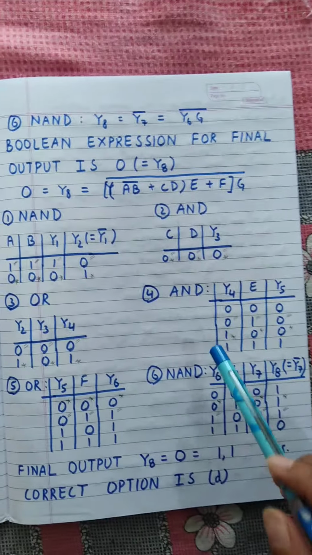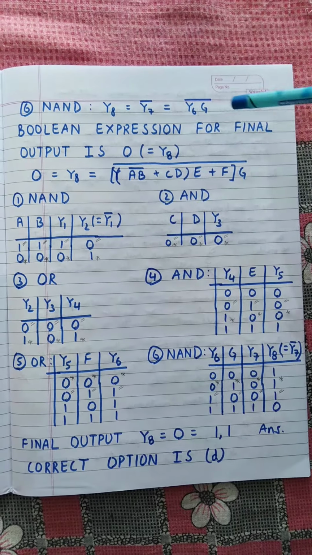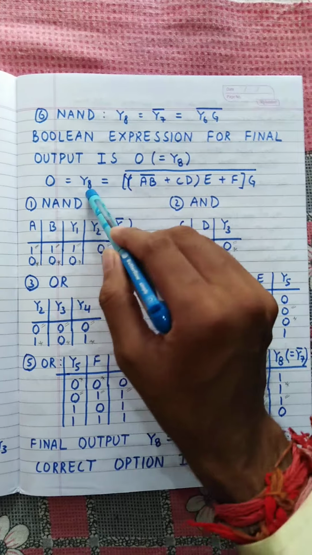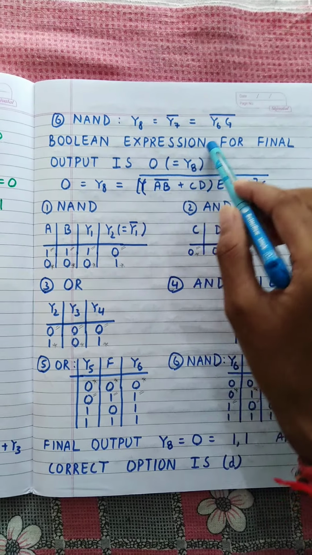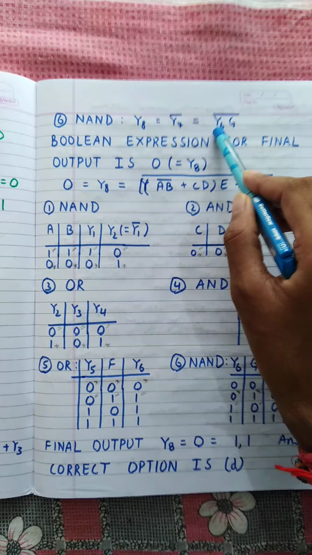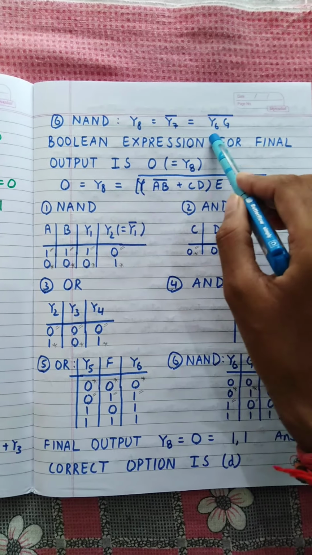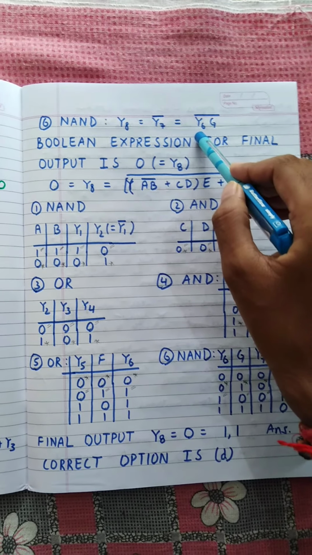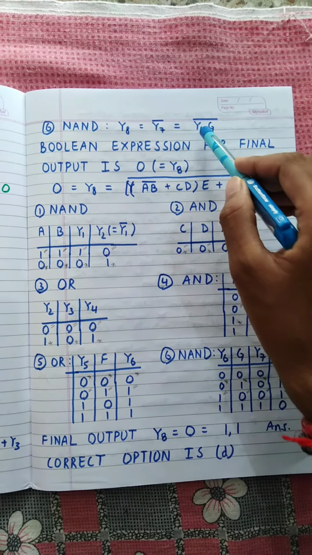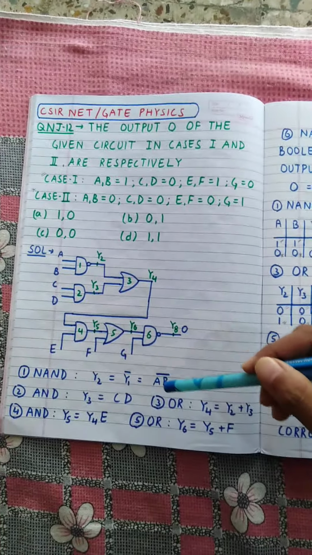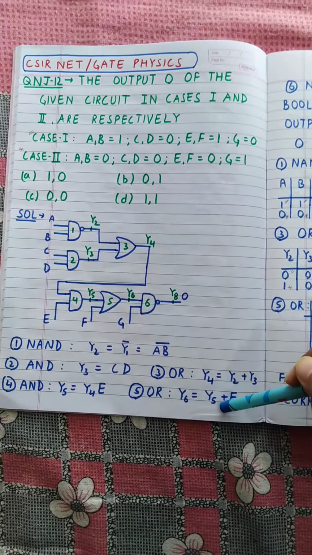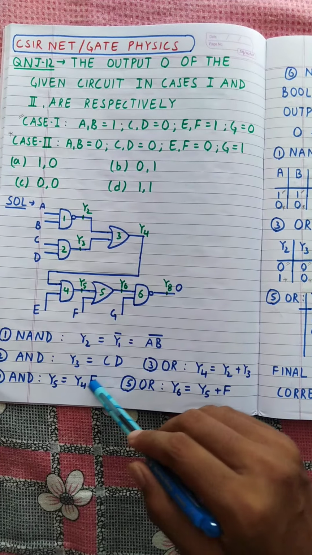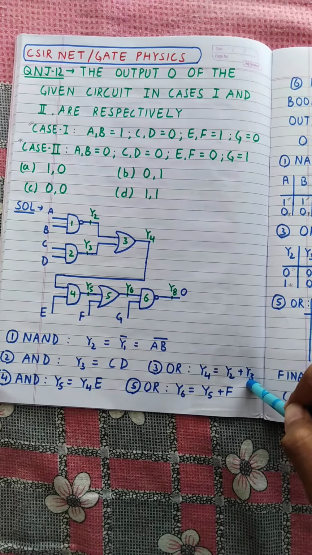We have just given them names. Now the Boolean expression for the final output O, that is Y8, is given by (Y6 and G) whole bar. To get the expression, we replace the values of the variables we assumed: Y6 is Y5 plus F, Y5 is replaced with Y4 and E, and Y4 by Y2 or Y3.